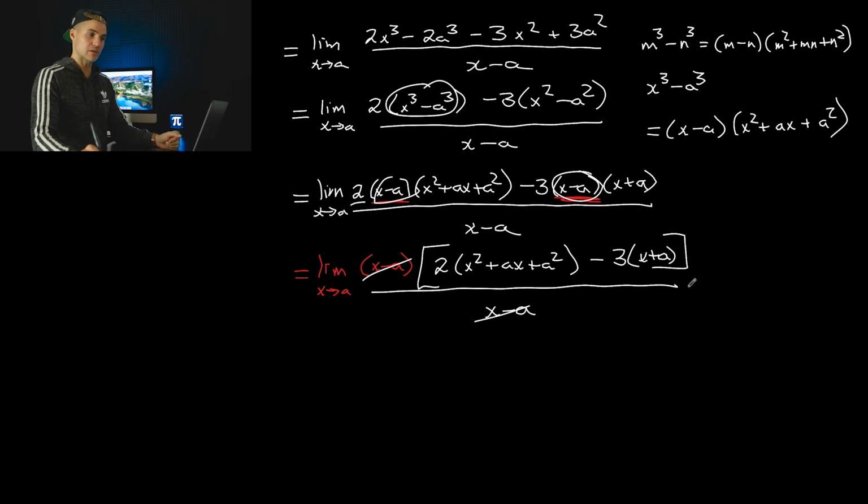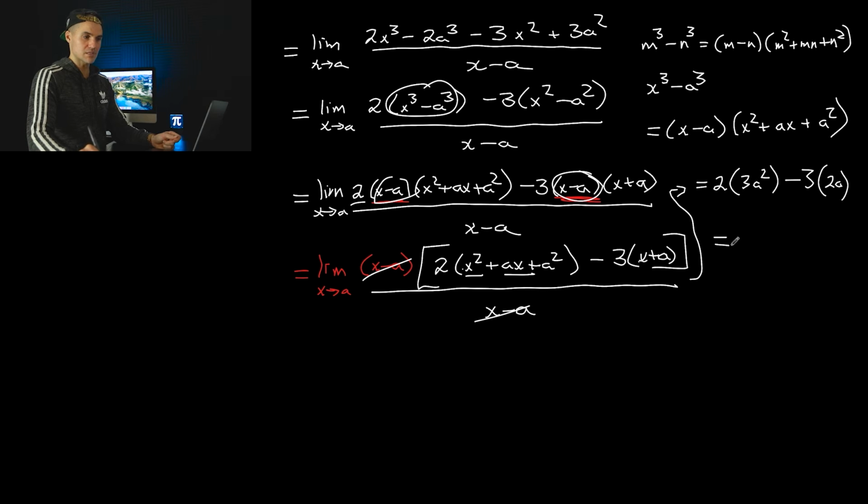And now what we can do is plug in an x value of a for all of the remaining expressions, right? So this would be a squared, this would be a squared, so this would be like 2 times a squared plus a squared plus a squared is 3 a squared, like that, minus 3, and then this is going to be a plus a, which is 2a, which is going to give us 6a squared minus 6a.